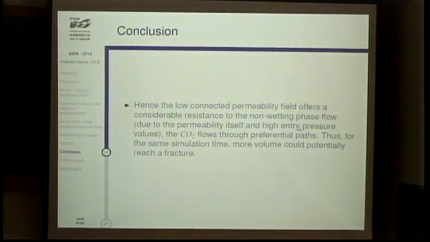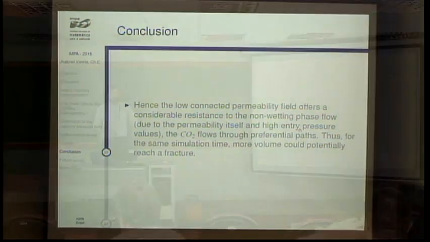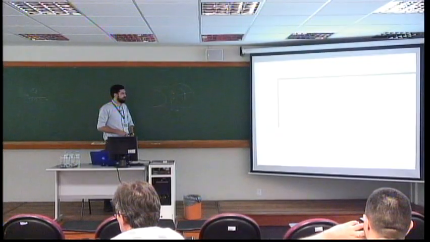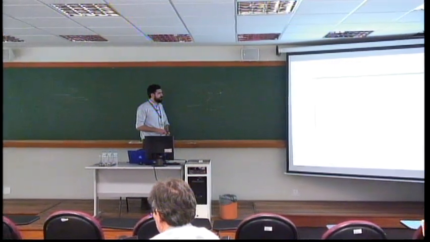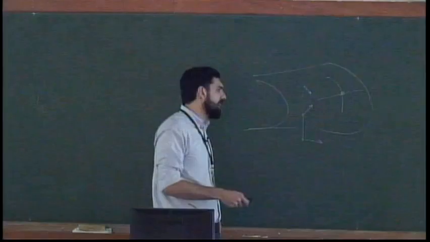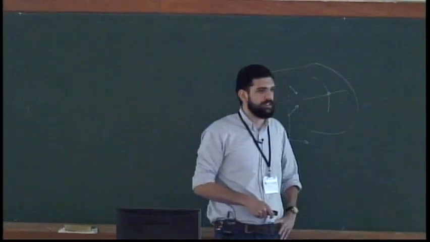So as a conclusion, the low connected permeability field offers considerable resistance to the CO2 flow, due to the permeability and also the entry pressure. We think the CO2 flows through preferential paths.